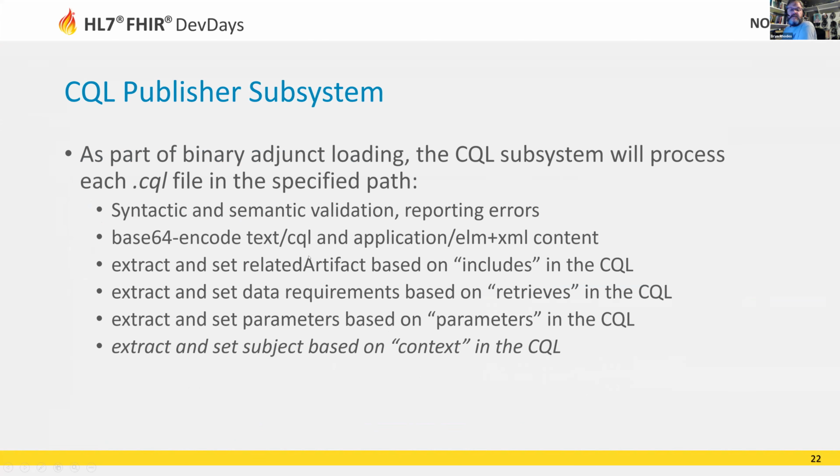It'll extract and set the related artifact element of the library based on includes in the CQL. It'll set the data requirements based on any retrieves in that CQL and expose those as the data requirements elements. It'll extract and set parameters in the CQL and set the subject based on the context in the CQL. That's in italics because I think that's still a work in progress.